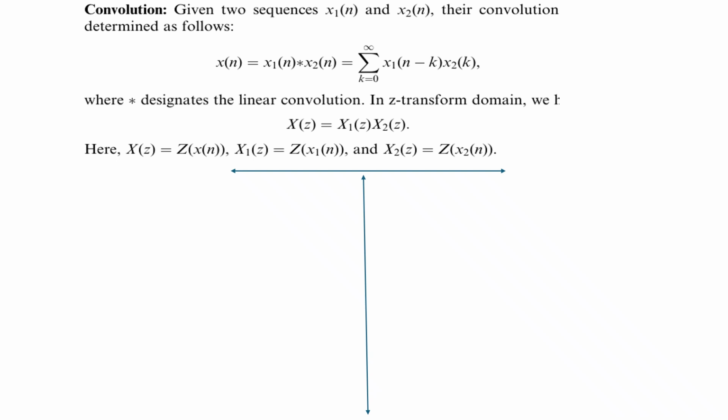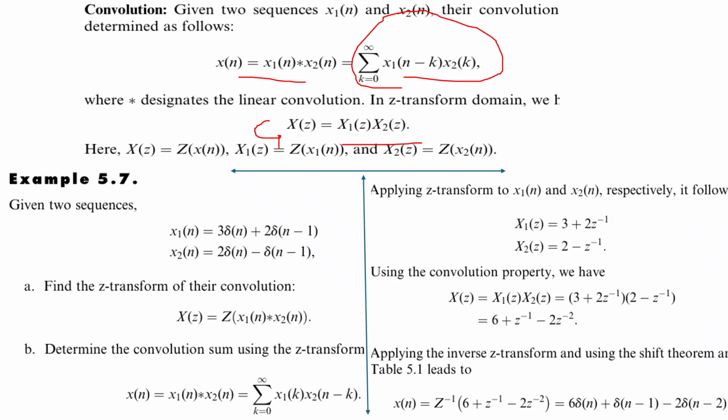Here is another property. Given two sequences x1(n) and x2(n), their convolution is determined as follows, x(n) is equal to this, and that is the convolution property. In the z domain you can directly multiply X1 and X2. Let's see the application. Here x1 is given and x2 is given.